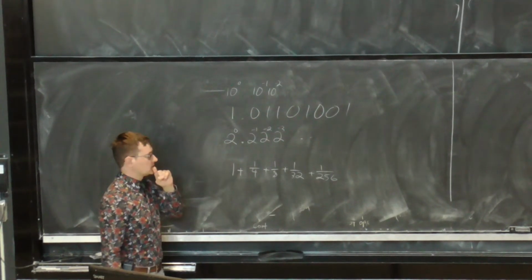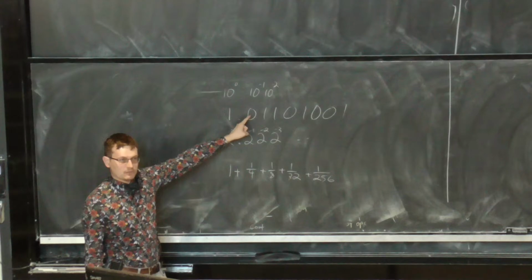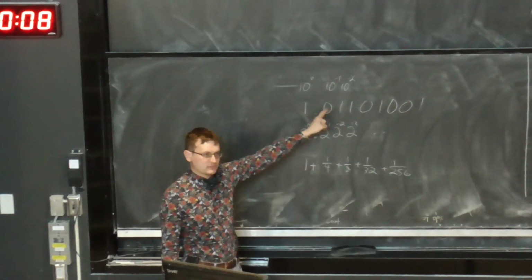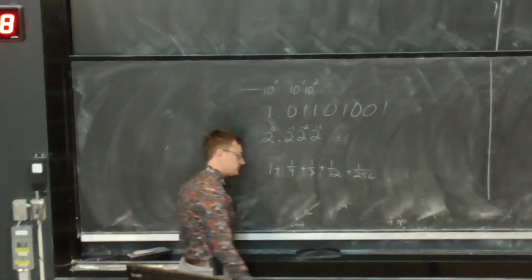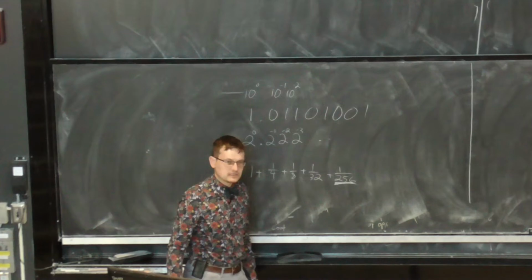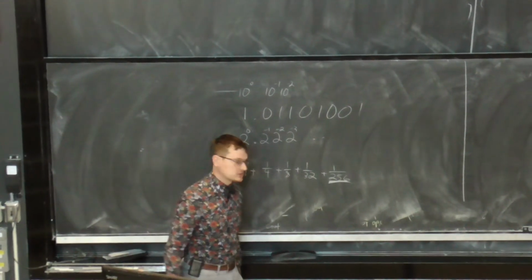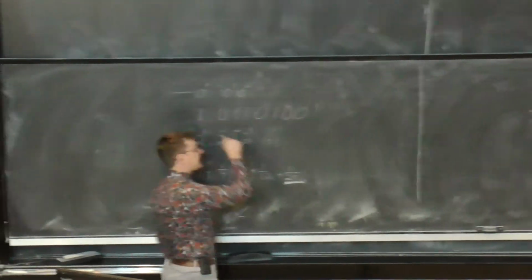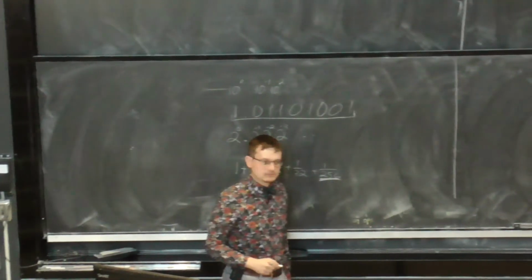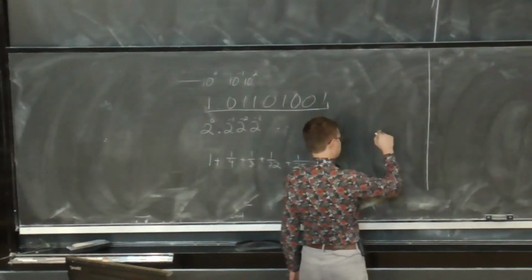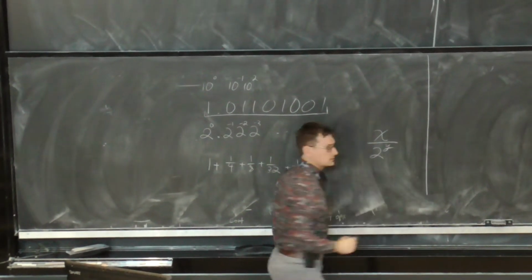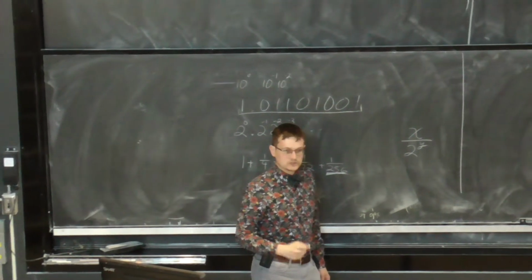So the only numbers that can be represented with exact precision using this representation are numbers which have a power of 2 as the denominator. So you only have exact representation inside of this system when it's x over 2 to the y, right?